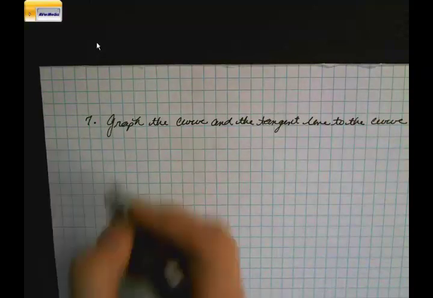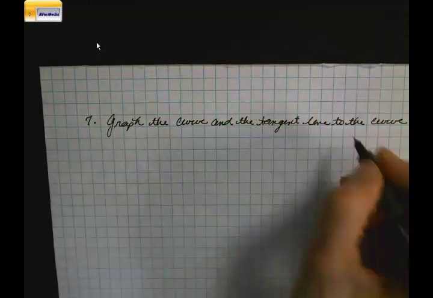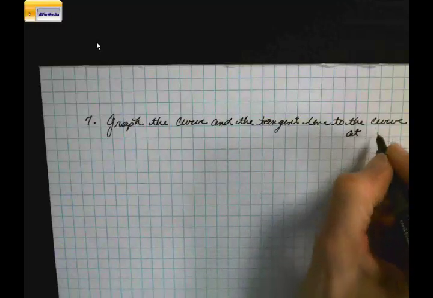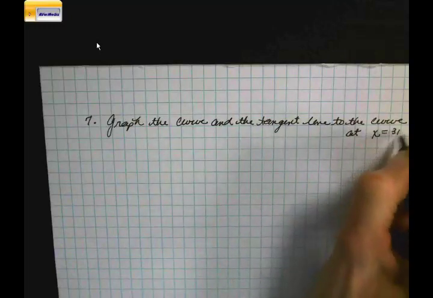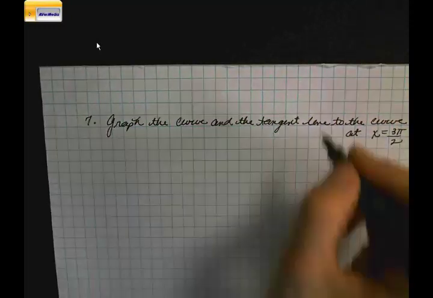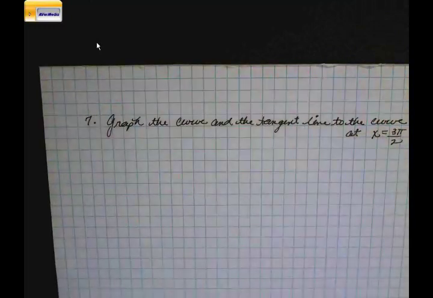Graph the curve and the tangent line to the curve. Okay, where? Oh, this is good. We've got a little more information than this, people. Okay, at x equaling 3 pi halves.